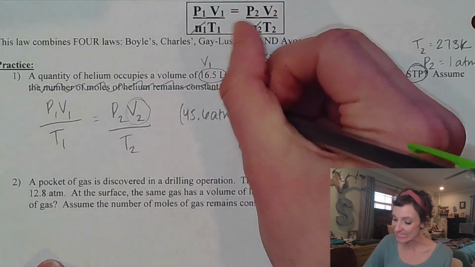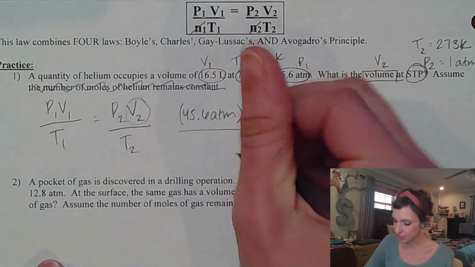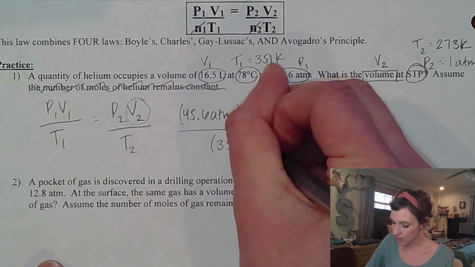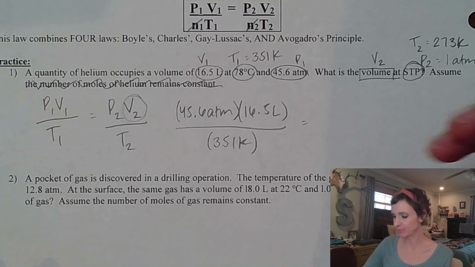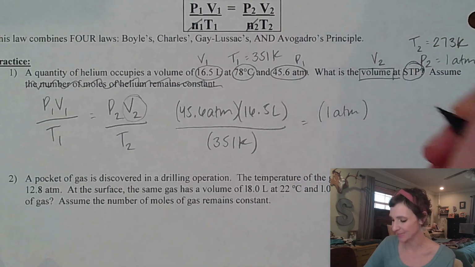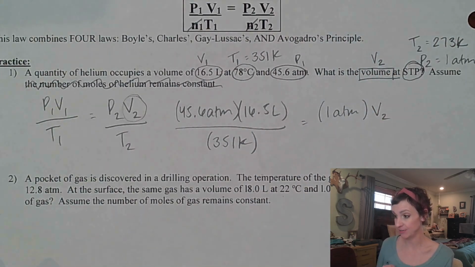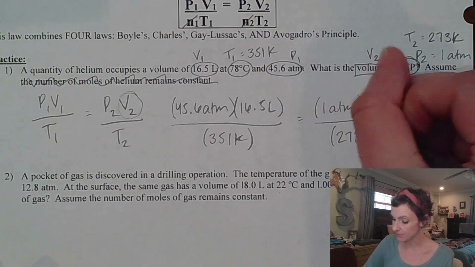Our volume is 16.5 liters. And our first temperature is 351 Kelvin. Our second pressure, because we're at STP, is 1 atmosphere. We're solving for V2. And then our second temperature at STP is 273 Kelvin.